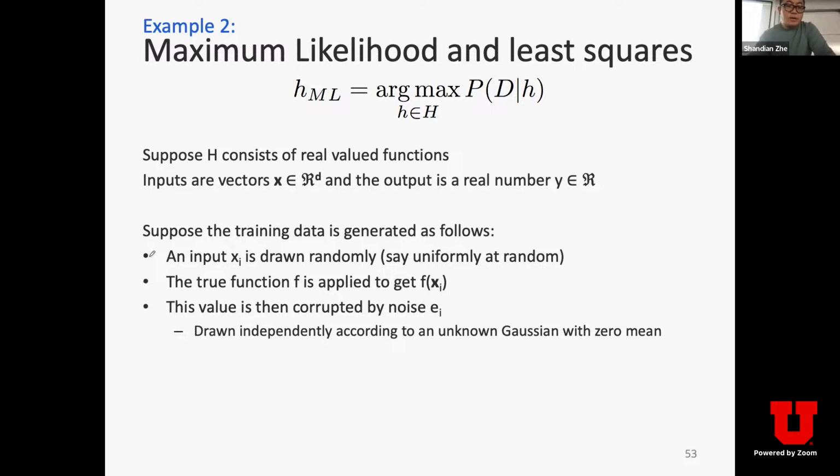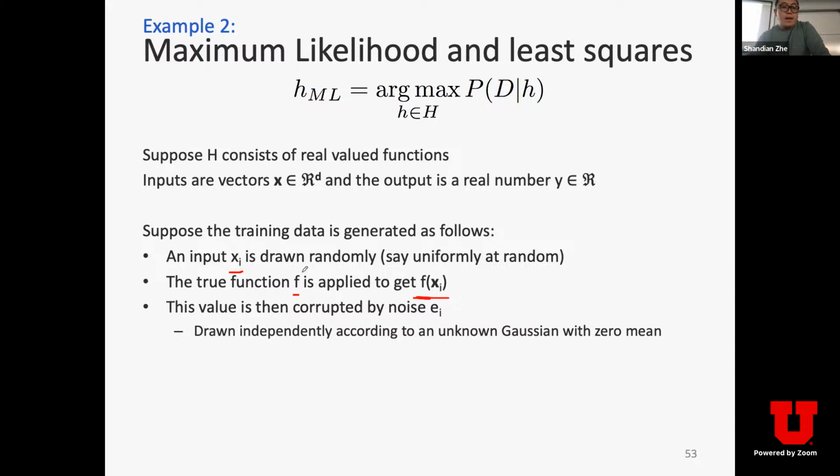We're going to make the following model assumption. First, an input feature vector xi is drawn randomly, say uniformly at random. Then the true function, the target concept, is applied to get the true prediction f of xi, which is some continuous value. However, in practice you might not directly observe the true value.